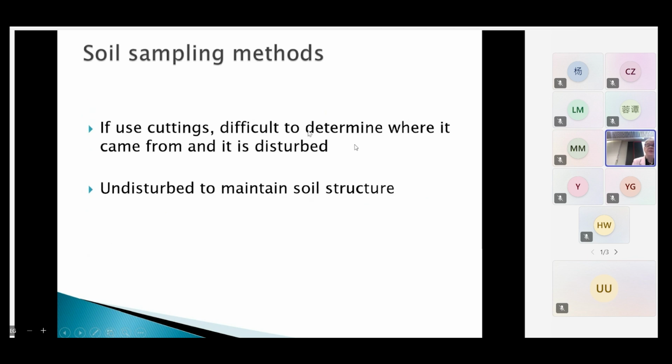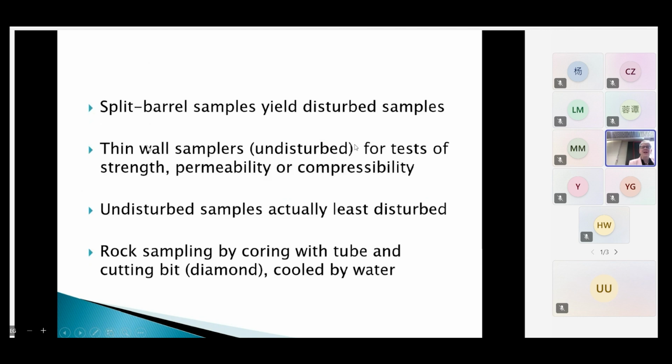So soil sampling is not easy. If you get the cuttings, it's not easy to determine exactly where you got the sample from. So it's called a disturbed soil sample when you're getting it, because it's not as it was in the soil itself. You can also get some undisturbed samples by using these thin wall samplers.